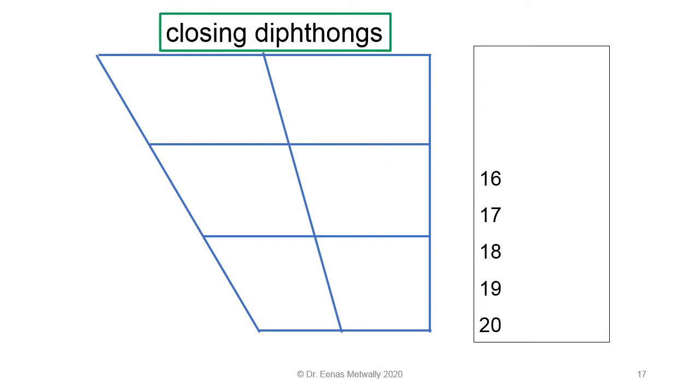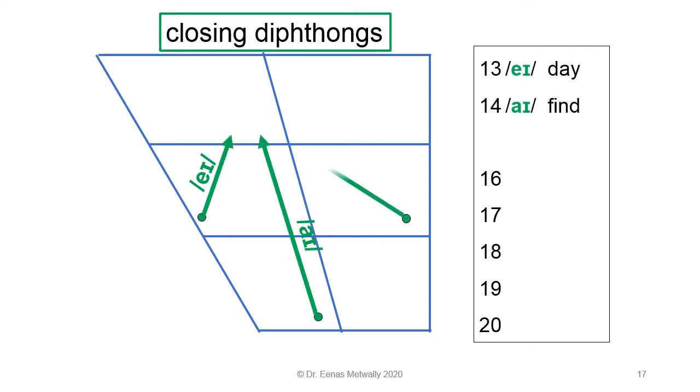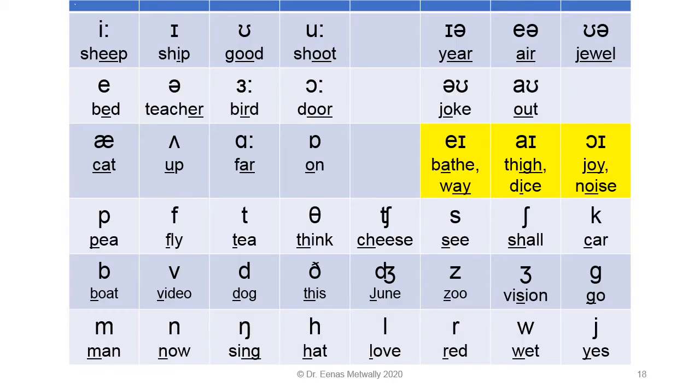The first set of closing diphthongs that we have in RP English are a, I, and oi. The second element in each of them is I, a closer vowel. Notice how the arrows glide towards the closer position.